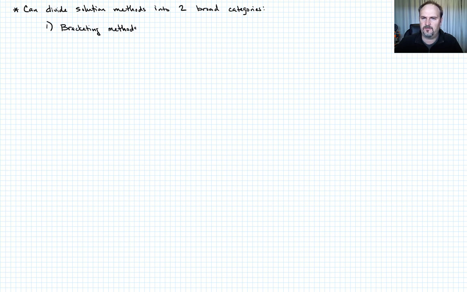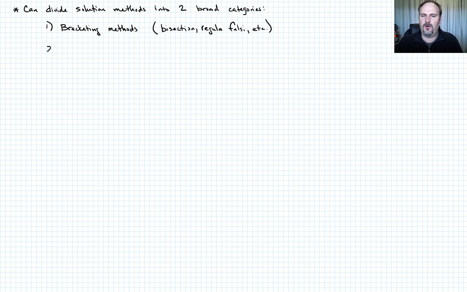All right, so in 1D, we can basically divide the solution techniques that we might choose into two broad categories. The first is called bracketing methods, and these include methods like the bisection method, the regula falsi method, etc. We're not going to talk about these methods.